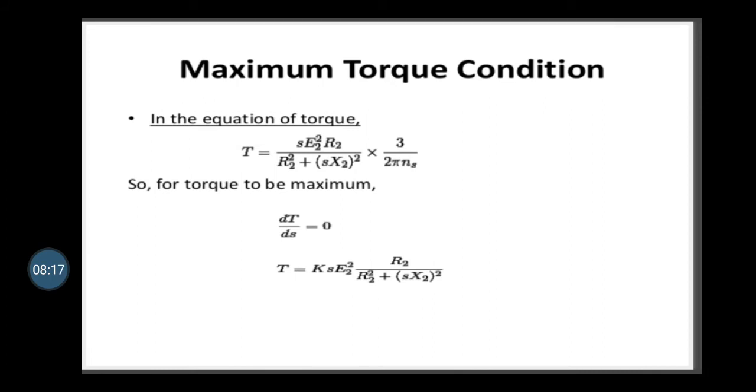That is, torque is equal to SE2 square into R2 upon R2 square plus SX2 square into 3 upon 2 pi Ns. So for the torque to be maximum, dT upon dS is equal to 0, where T is equal to K into SE2 square R2 upon R2 square plus SX2 square.